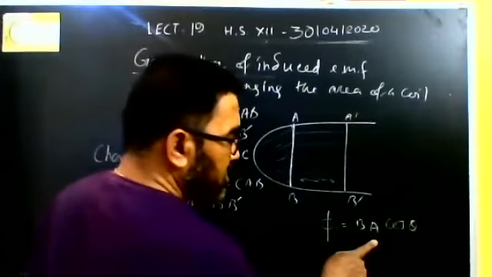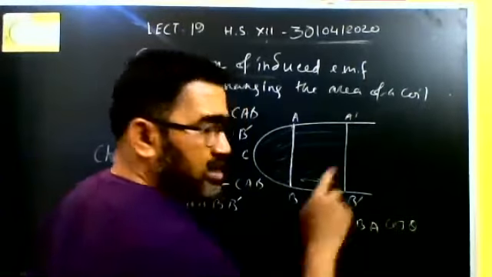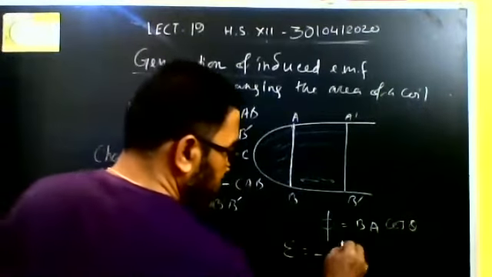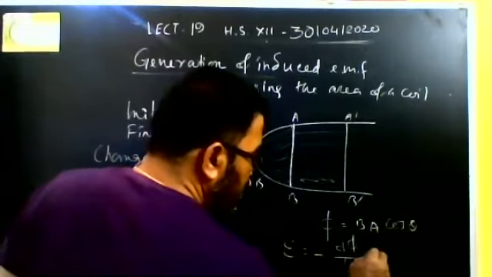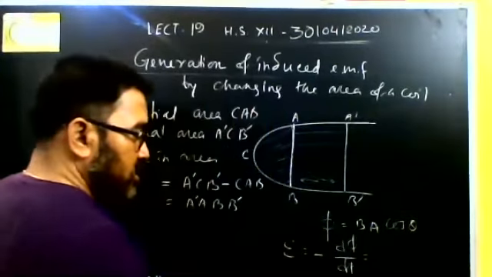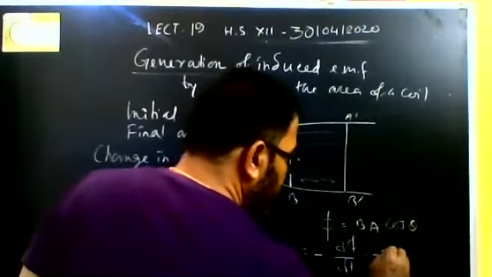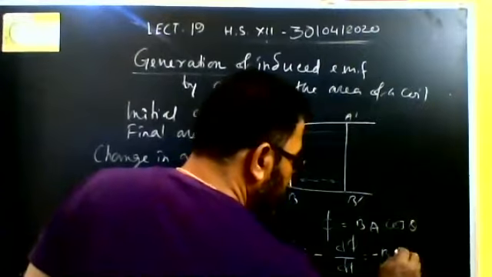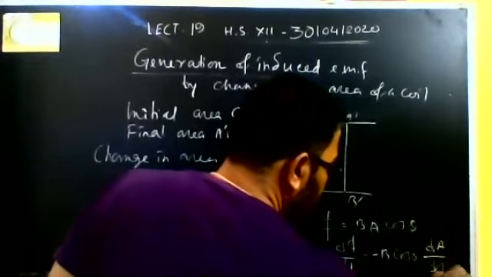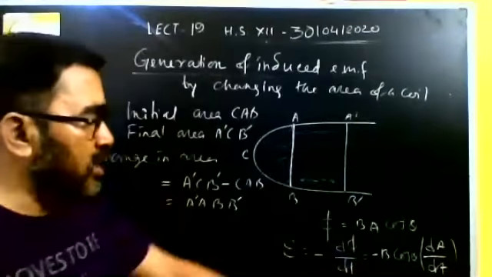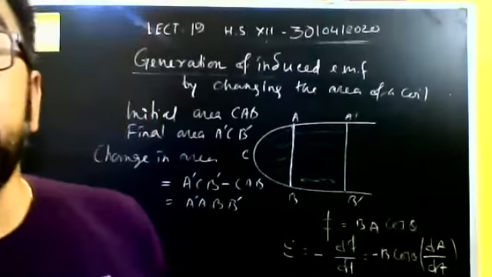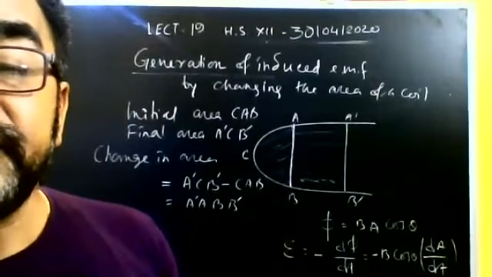We are changing area, but B and cos theta remain constant. So epsilon is equal to minus d phi by dt. Since B and cos theta are constant, minus B cos theta comes out, and dA by dt remains, because A is the only changeable quantity.